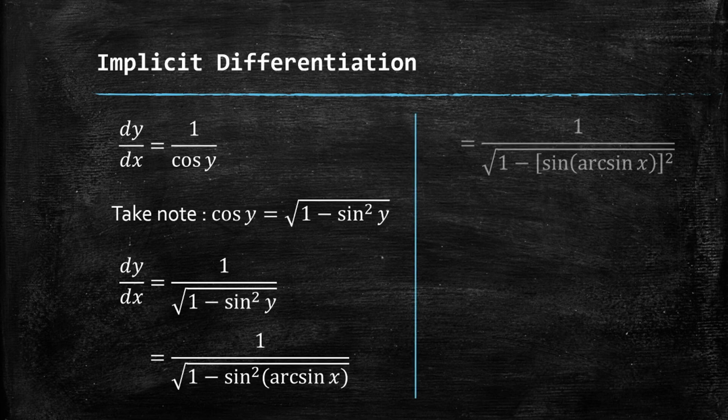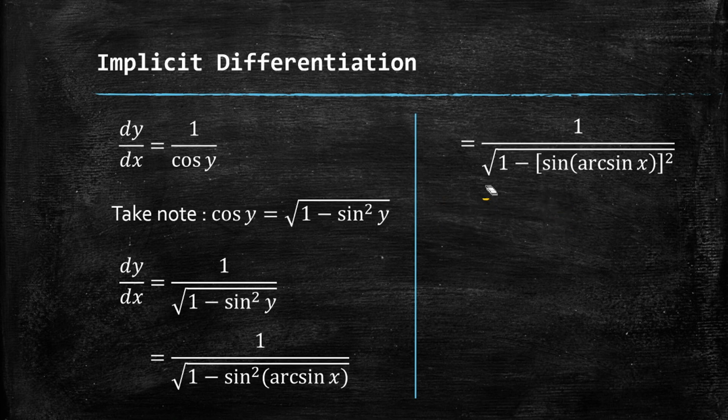And then remember, if it's sine squared, the entirety is actually squared. Take note that the sine of arcsine of x is just x. Why? It's because the function of the inverse function is just the given variable. Remember this f composite of f inverse: if we have x here, this is just x.